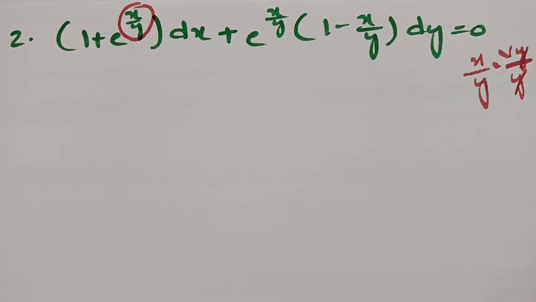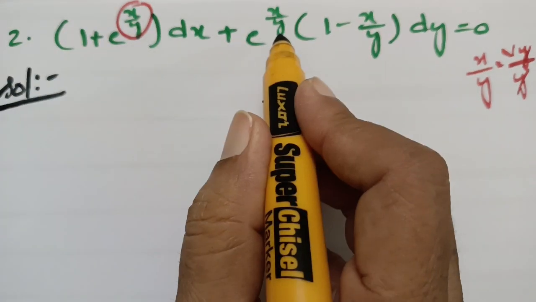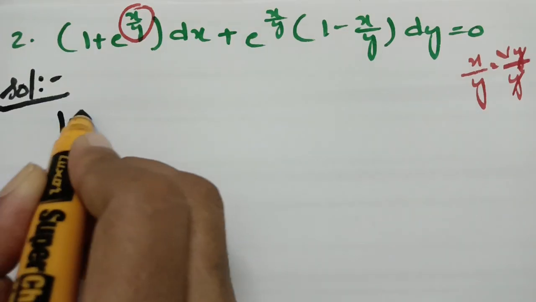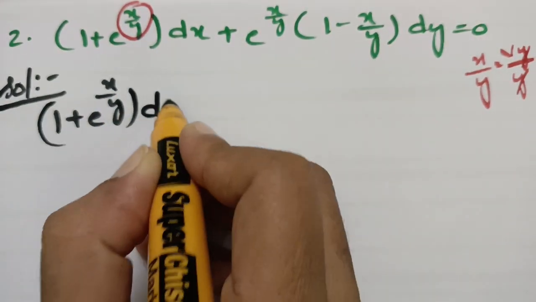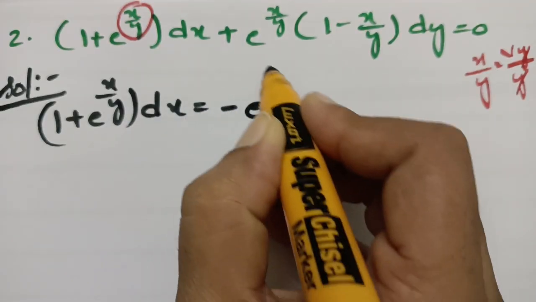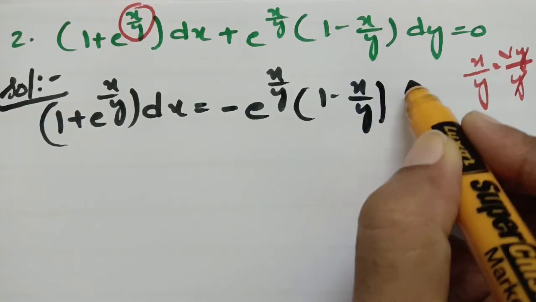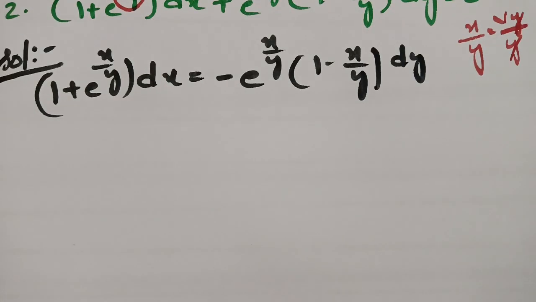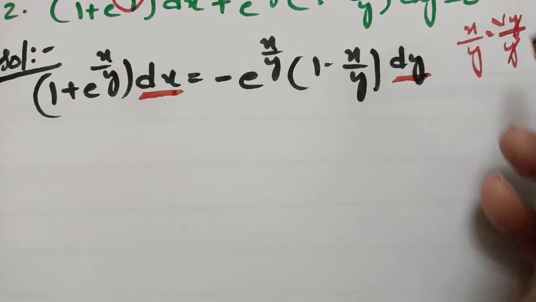So here in the solution, I am sending this part to the other side. So 1 plus e power x by y into dx is equal to minus e power x by y into 1 minus x by y into dy. So here I need dx by dy this time. Here is the substitution that I am taking, x as vy now.